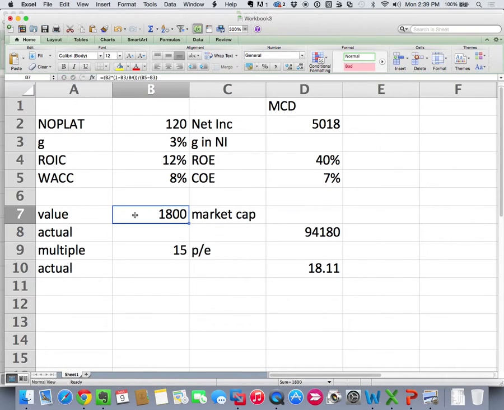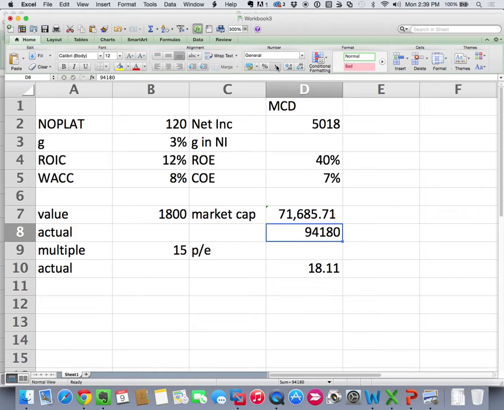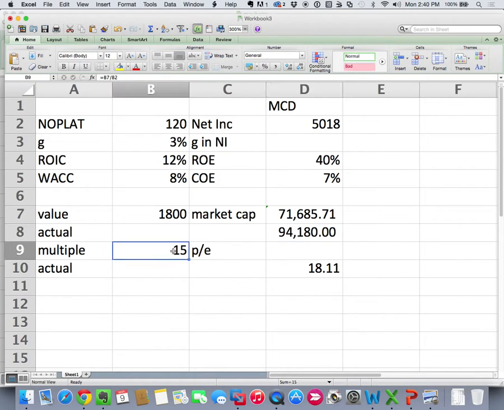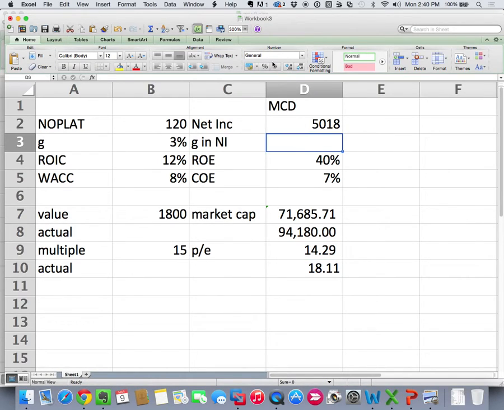So, using our formula, that would give me a value of about 71 billion. And that would give me a PE of about 14 with no growth. So let's start growing. 1%, 2%, 1.7%, 1.73%.